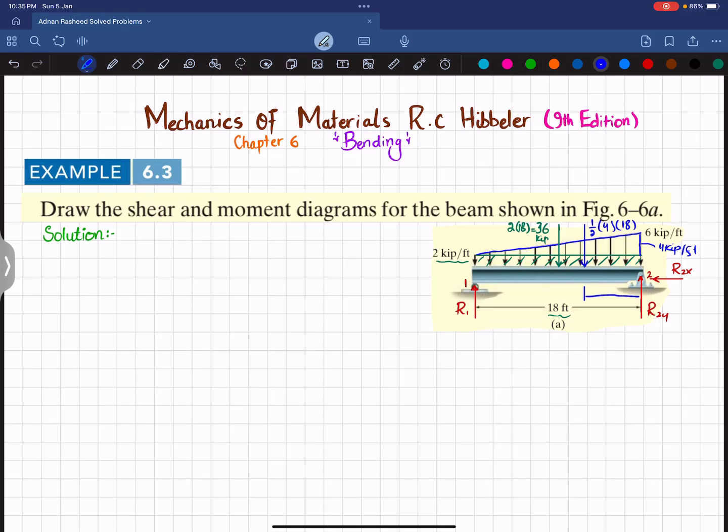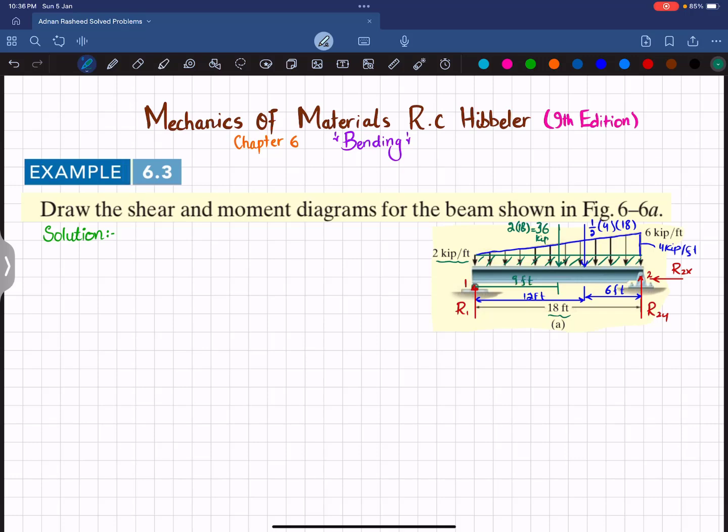So L is 18, and 18 by 3 is 6 feet. So 6 feet from this side and 12 feet from this side. And the rectangular distributed load, since it is acting at the middle, will be at a distance of half of 18, which is equal to 9 feet.